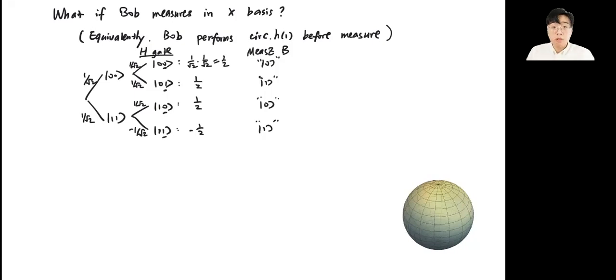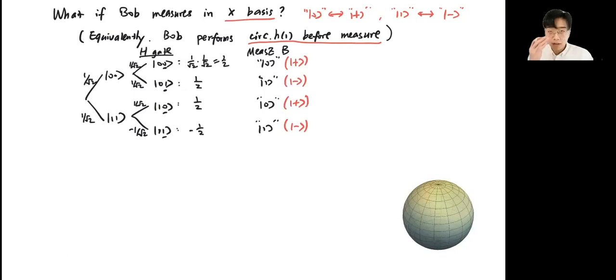Now remember, Bob measuring 0 and 1 in this case corresponds to him measuring plus and minus in the x basis. 0 means plus state, 1 means minus state. Let's quickly calculate what is the probability for Bob to measure plus. The probability for Bob to measure a plus state is the first case and the third case.